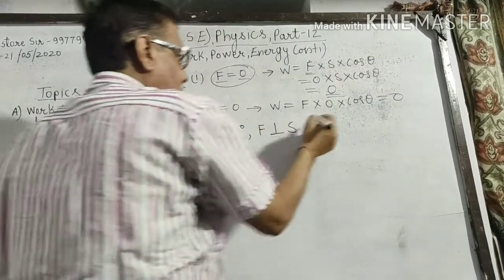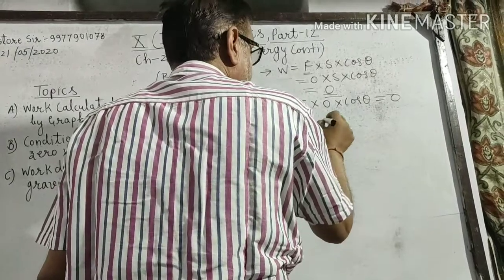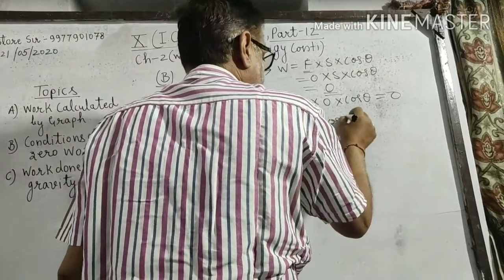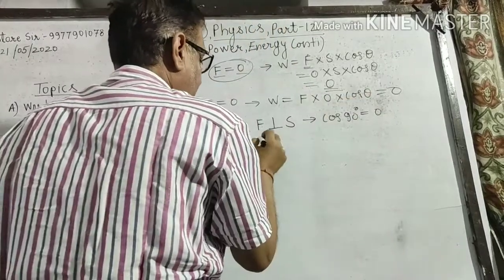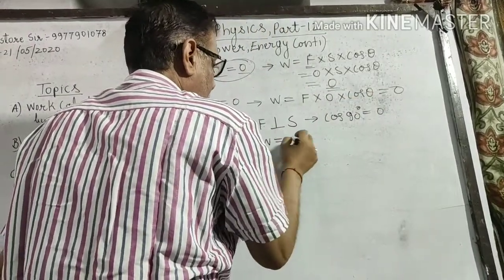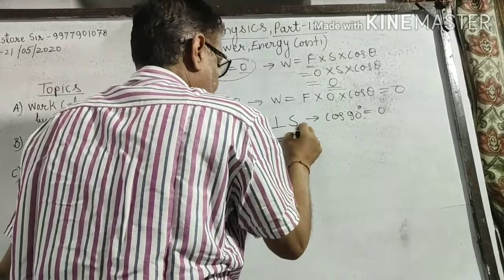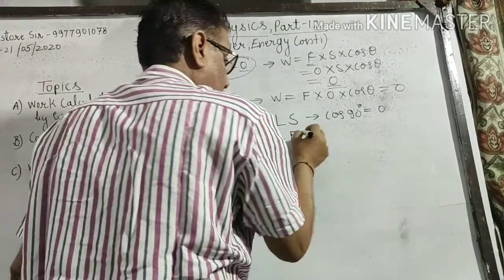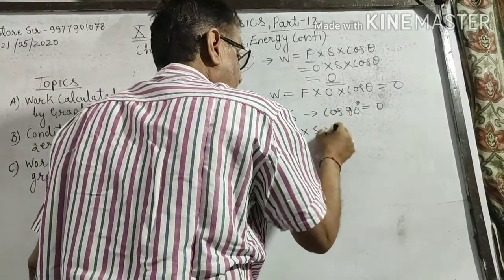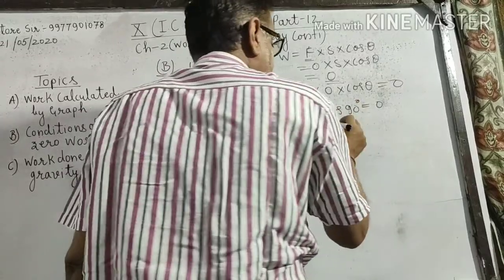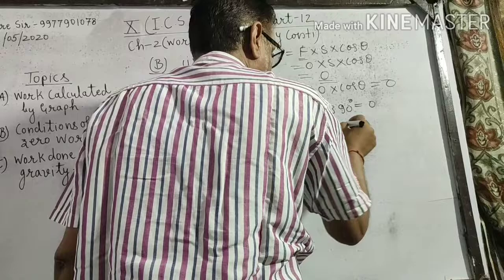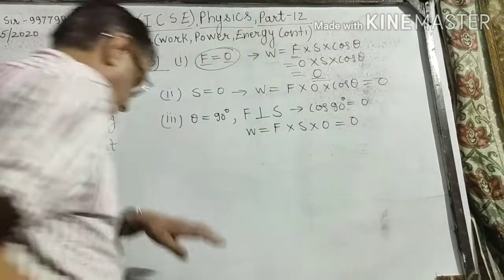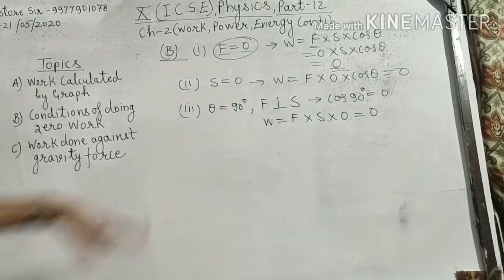Then cos 90 degrees results in 0. If the force is not zero and the displacement is also there, but since the angle is 90 degrees, cos 90 degrees means 0, so the work obtained is 0. So this is the case of zero work.